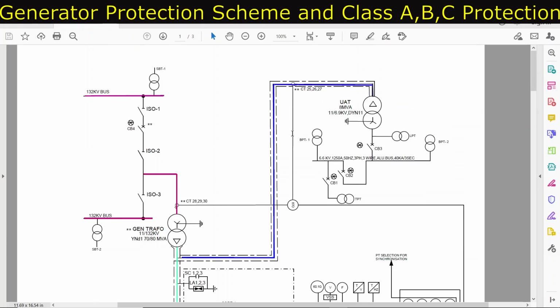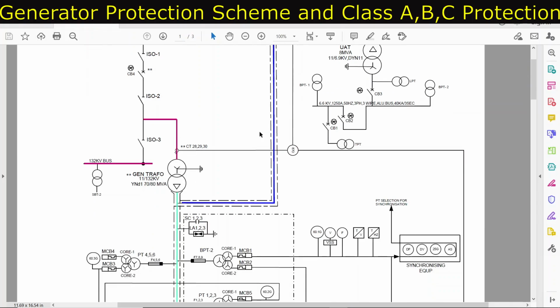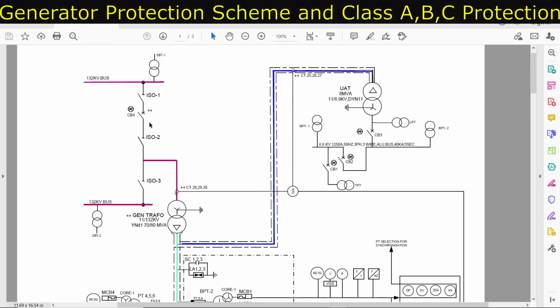And there is a SAT, station auxiliary transformer, not mentioned here. In case our generator fails, it takes the tap from the switchyard, and there is another transformer like this, which is a stationary transformer. In case our generator fails, then the auxiliary supply is fed through that SAT.